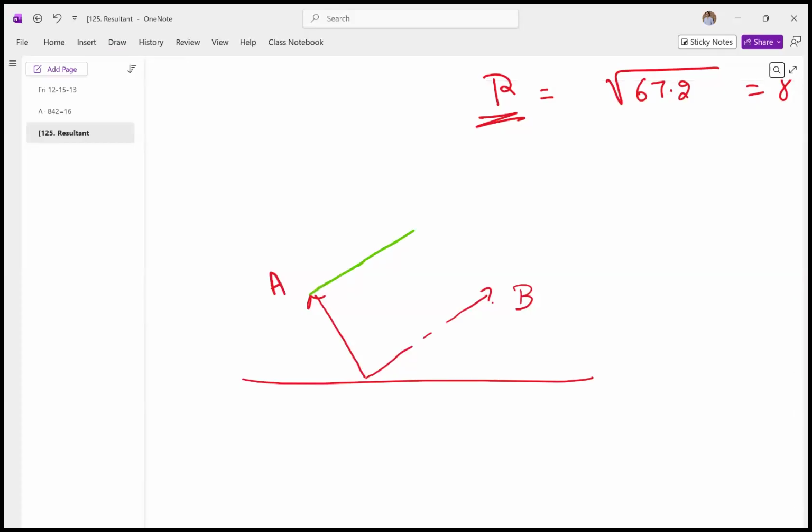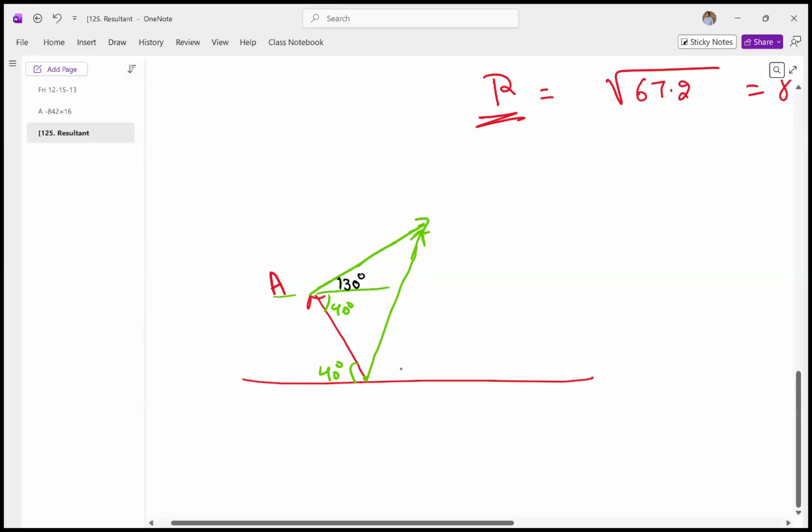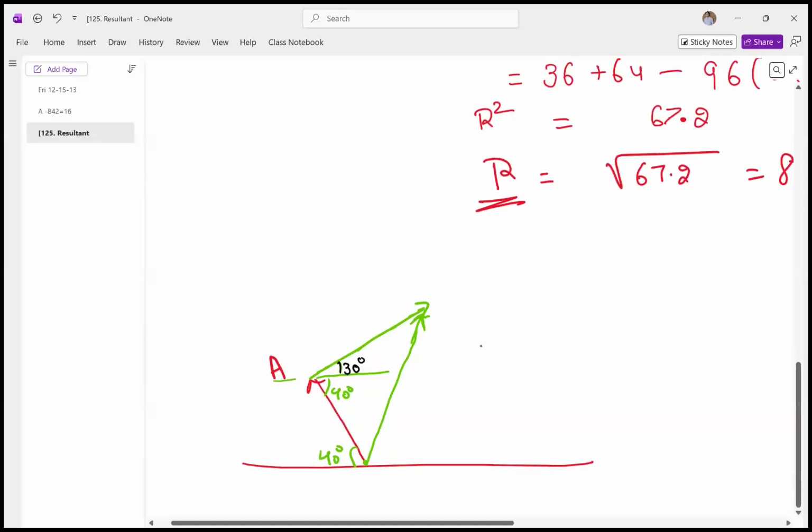So this is the B vector, and then again the resultant vector must start from the origin point from here, and this will be the resultant vector for me. And this is how you can also solve. This angle here will be 40 degrees, and this angle will be 30 degrees because B was at an angle of 30. So now we can pretty much solve this for the resultant, and it's going to give you exactly the same answer.